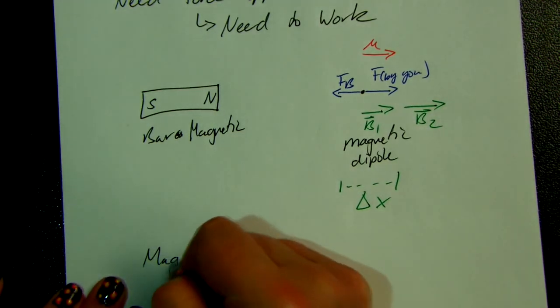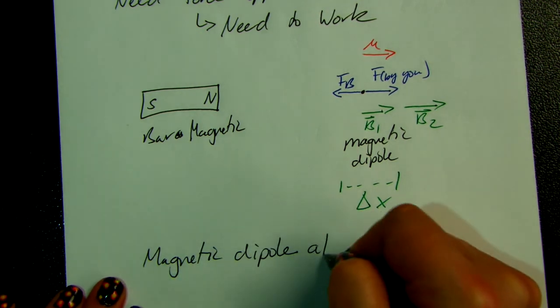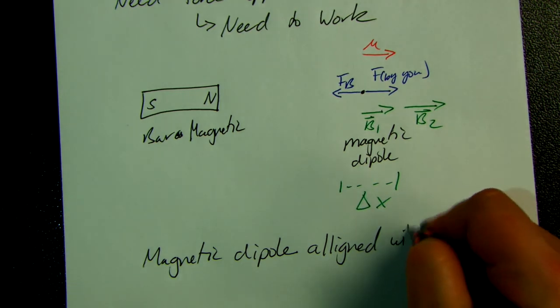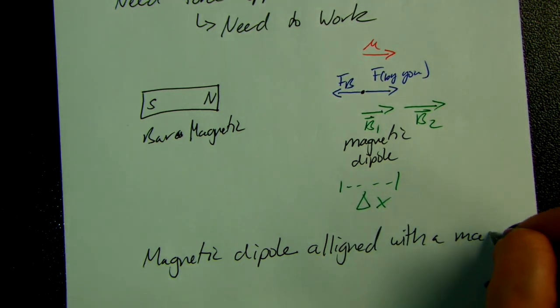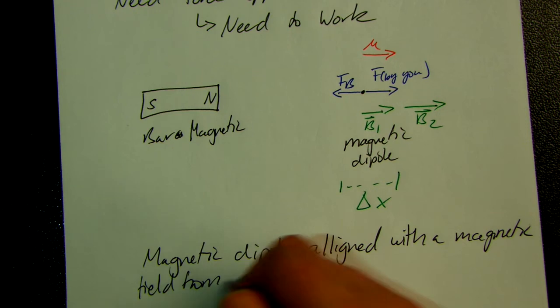All right, so we have, write a few more details. So magnetic dipole aligned with a magnetic field from another dipole.